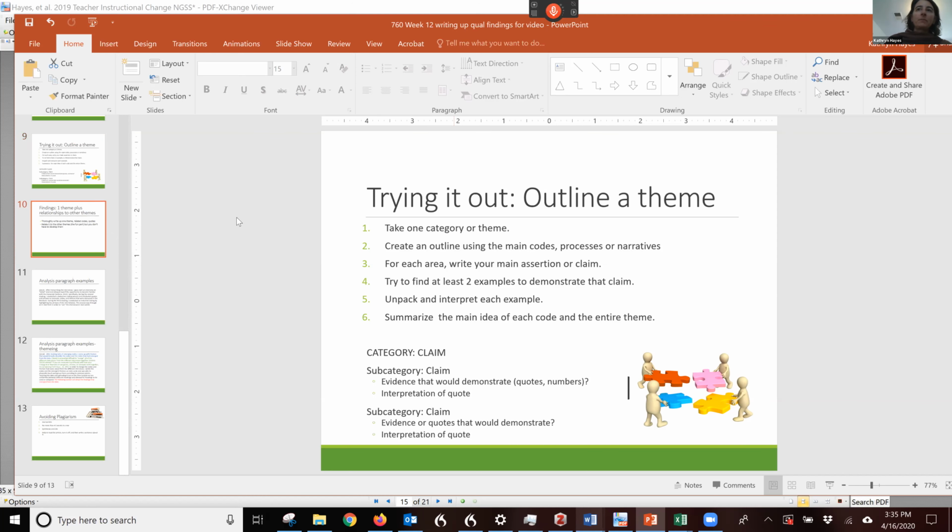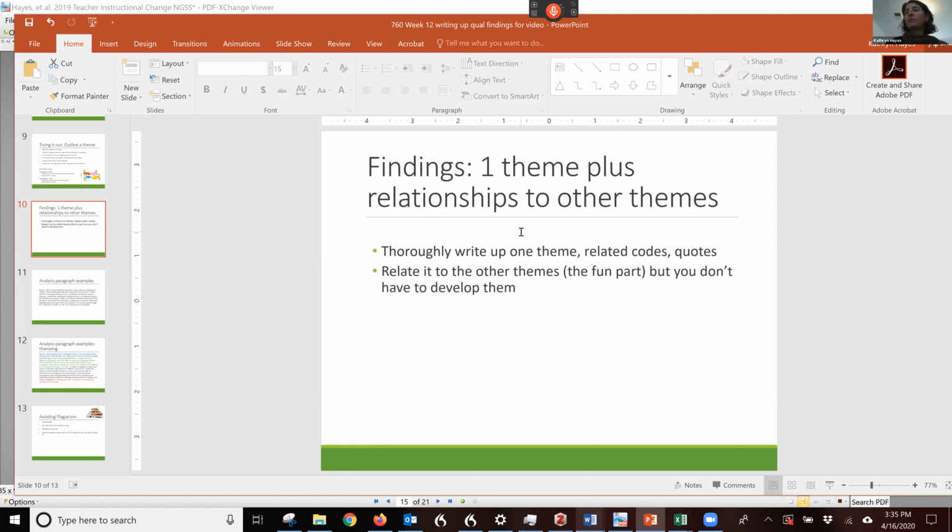All right. When you write your findings, this is for folks in the pilot study, just a reminder that you only need to write up one theme with maybe a couple of sub themes or codes, and of course include the quotes and so forth. And then you need a section where you talk a little bit about the relationship between a couple of themes, just to try out how you talk about the relationships between things going on in your paper.